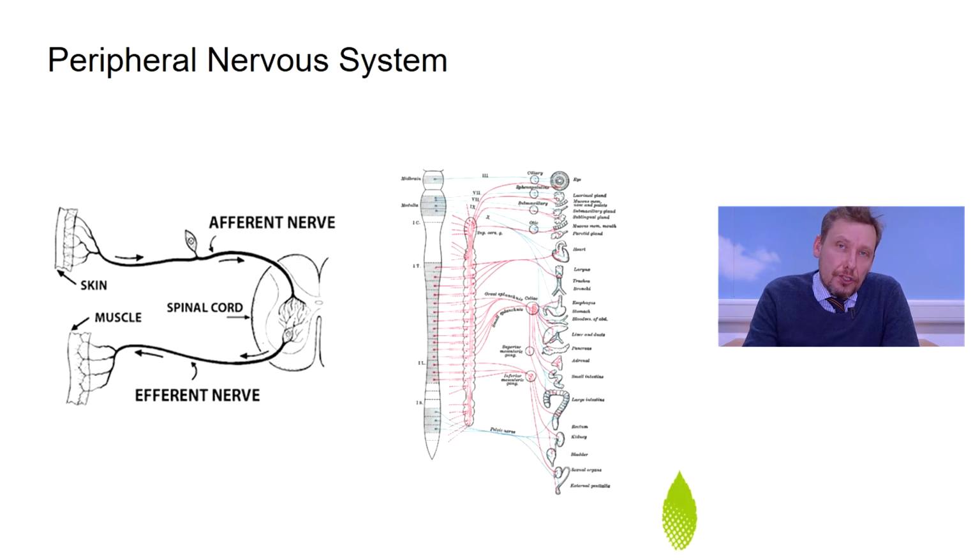So this is a short neuroanatomy recap of the peripheral nervous system. You can see that the peripheral nervous system basically consists of any nervous tissue which is situated outside of the spinal cord or brain.